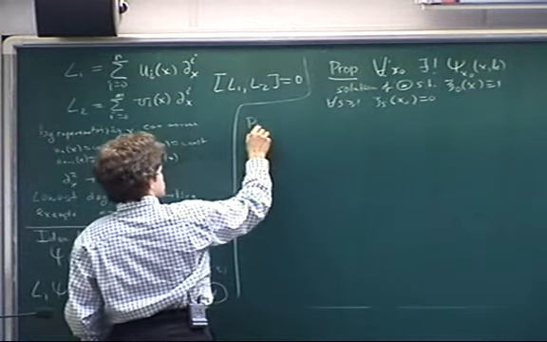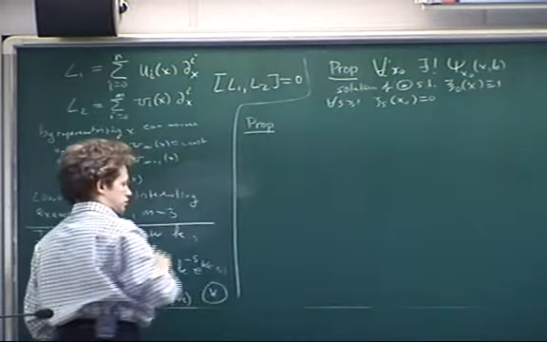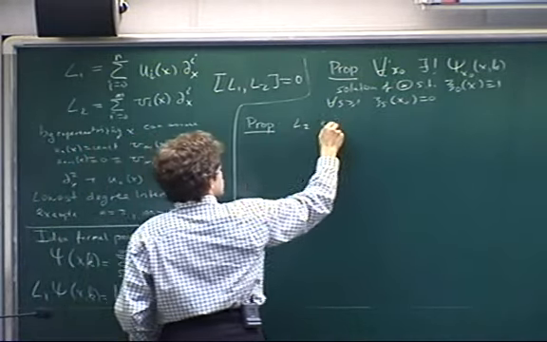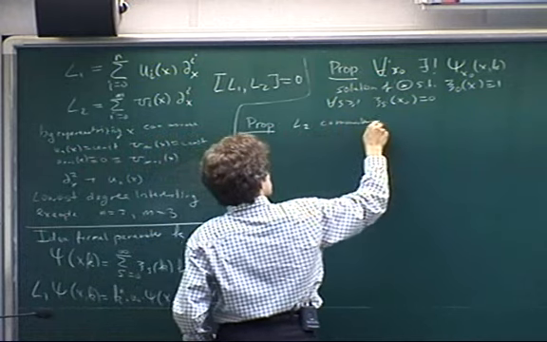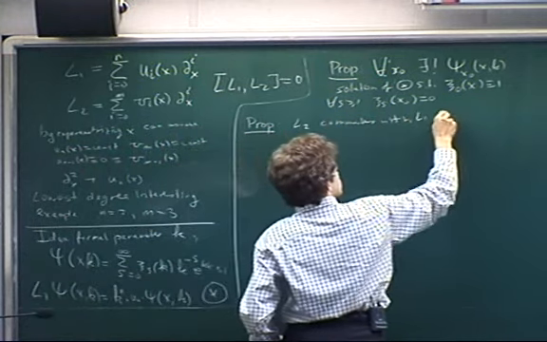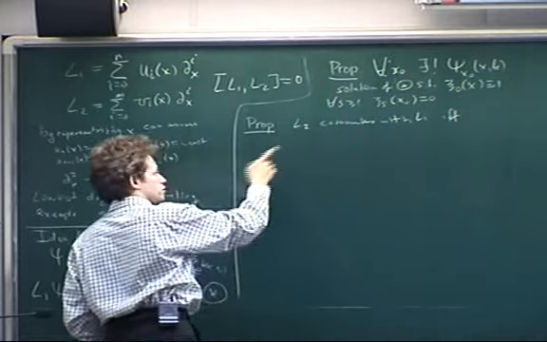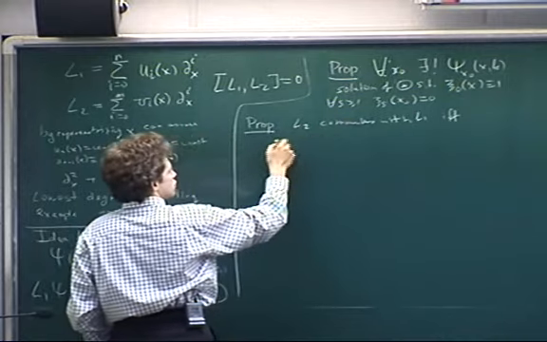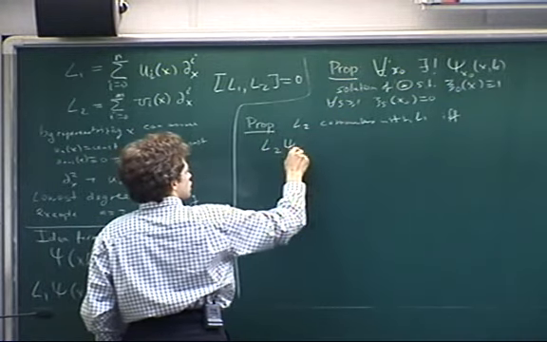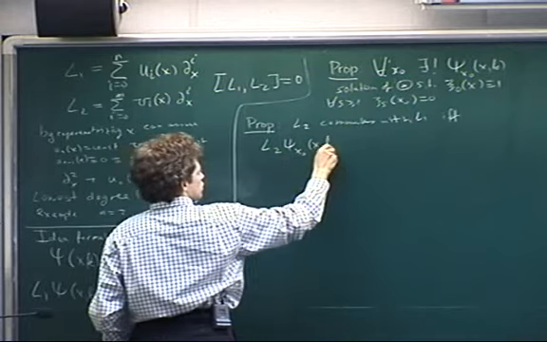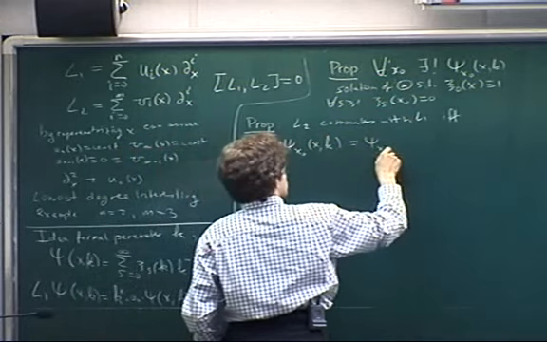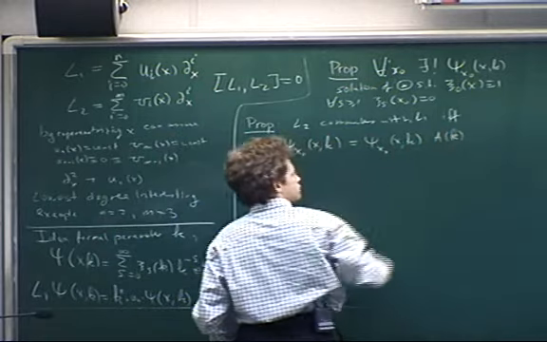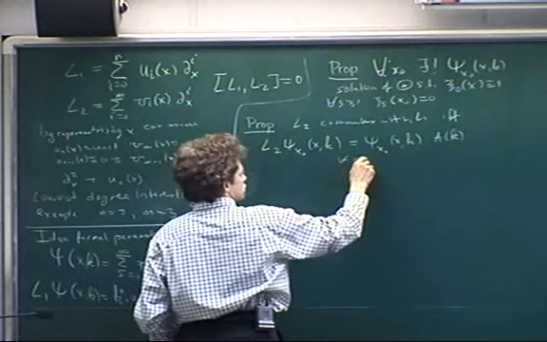The next proposition, which is somehow a useful technical step, was the following, that L2 commutes with L1 if and only if, and this was misstated a bit last time, so there was an extra note here, if and only if L2 psi_{x naught}(x, k) is equal to psi_{x naught}(x, k) times a(k) for any x naught.